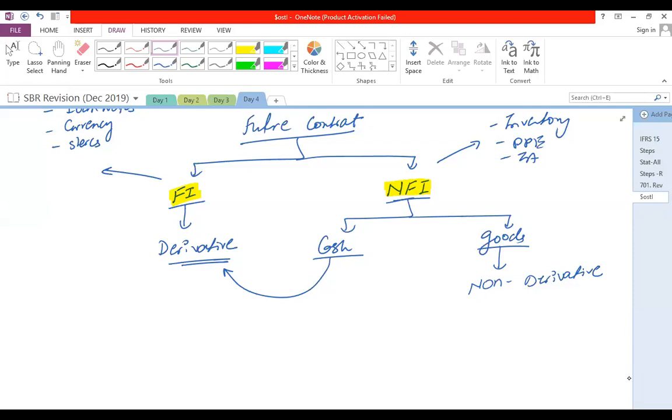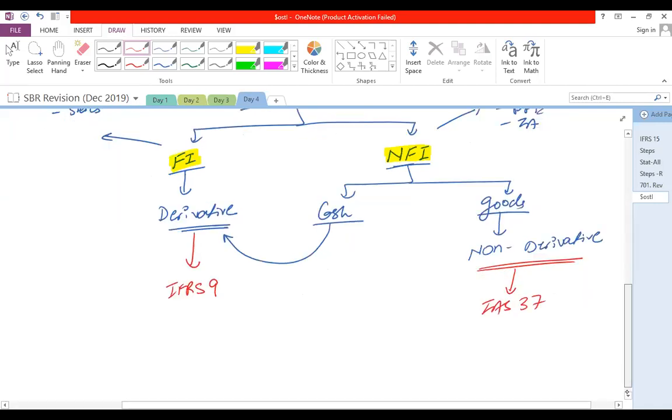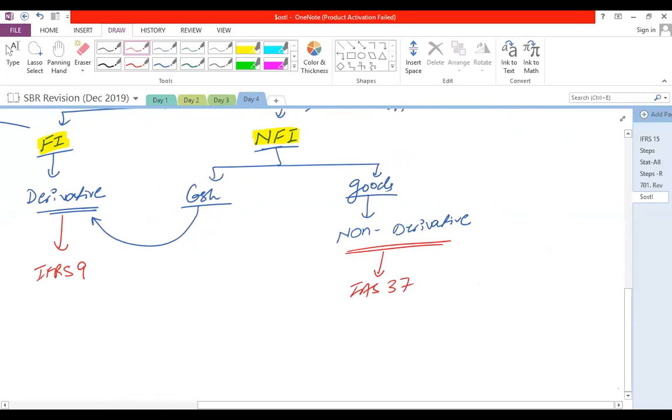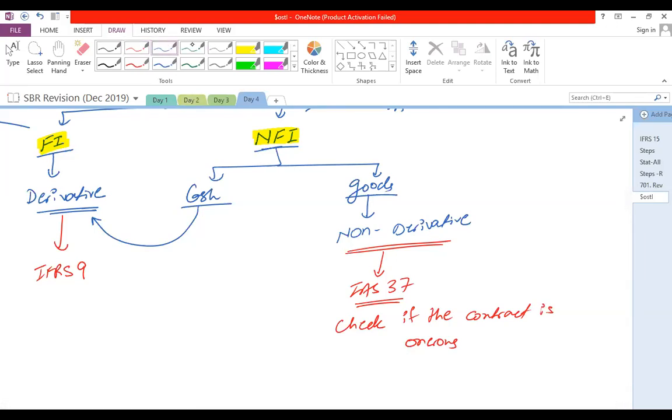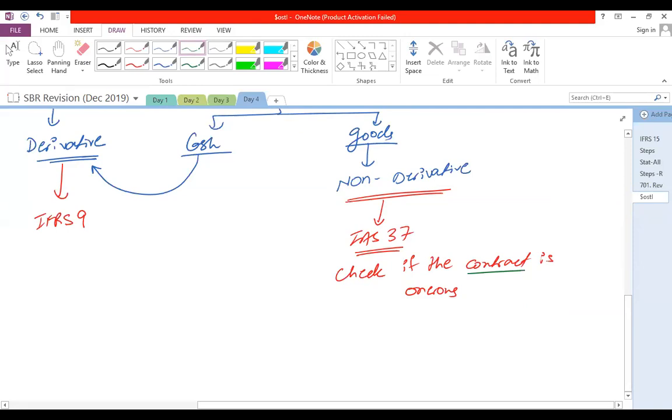Now, if it's a derivative, then its accounting will be as per IFRS 9. And if it's a non-derivative, it is going to be accounted for under IAS 37. If it's under IAS 37, then we need to check if the contract is onerous. This means either we are going to have a gain on this contract or a loss.